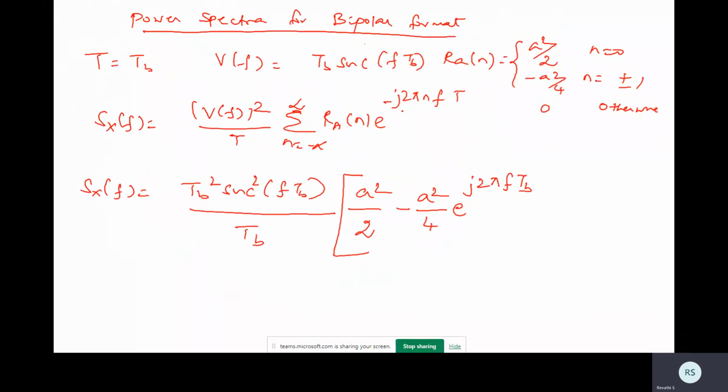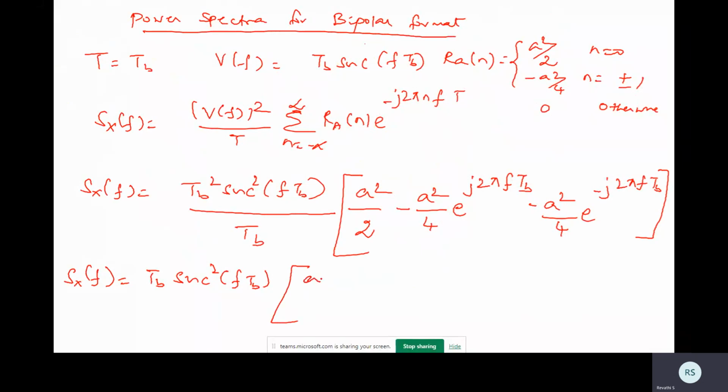If you put n equal to plus 1, this factor becomes e power minus j 2 pi f tb, and here again minus a square by 4. So minus a square by 4 e power minus j 2 pi f tb. So now what you can do is, here you are having a square by 4 common, and so you can just minimize this one. So here this becomes sinc square of ftb.